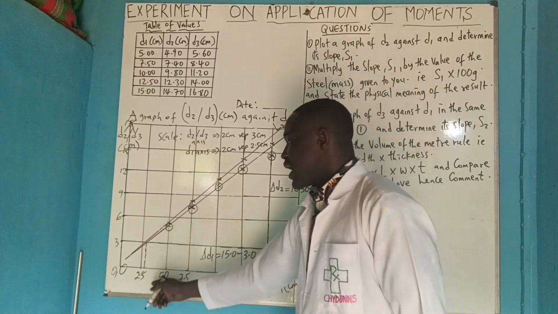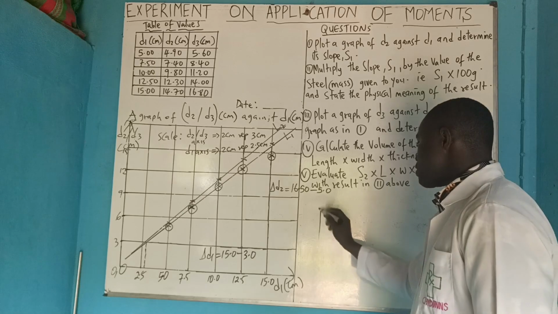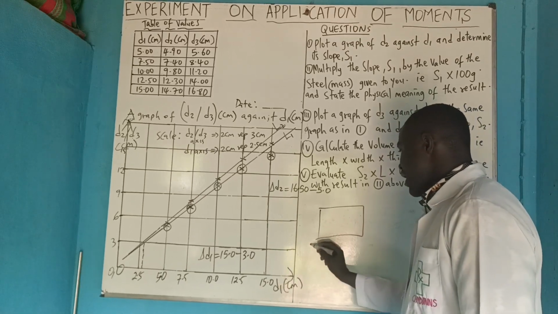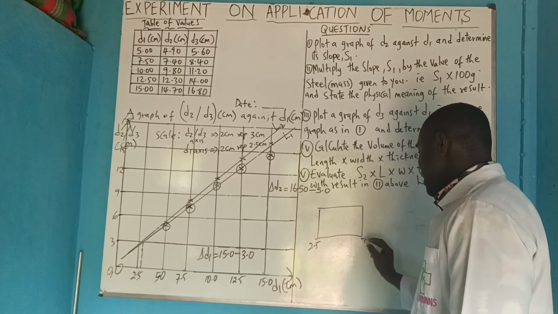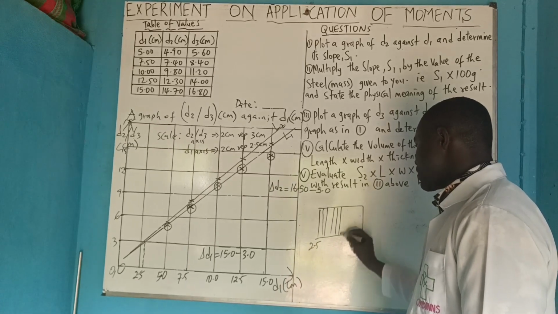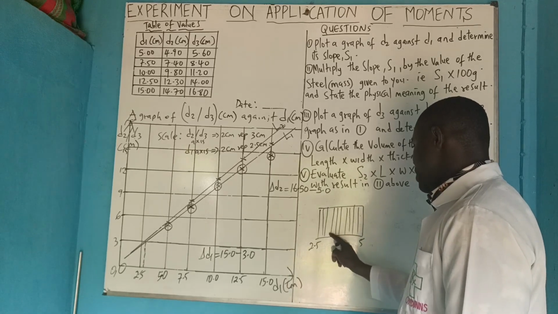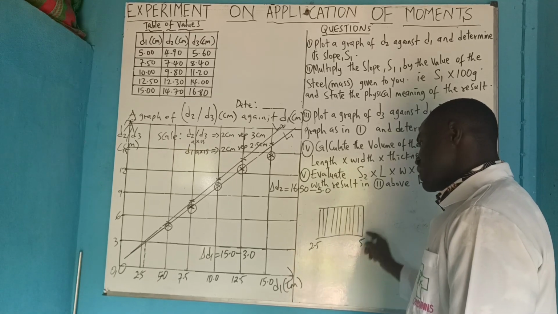But ordinarily, how to get the exact value is that when this is your box, and here is 2.5, and here is 5, it has 10 spaces: 1, 2, 3, 4, 5, 6, 7, 8, 9, 10.